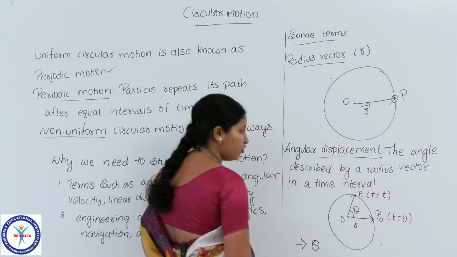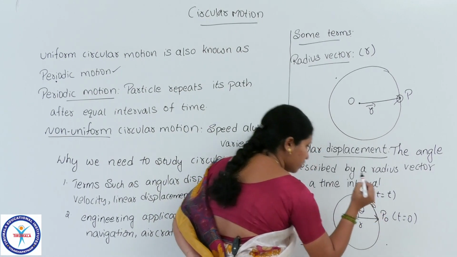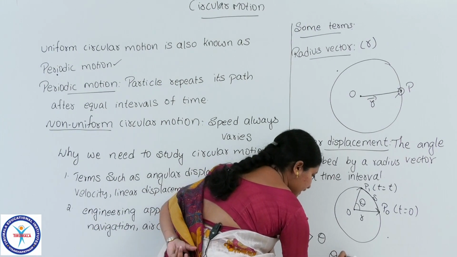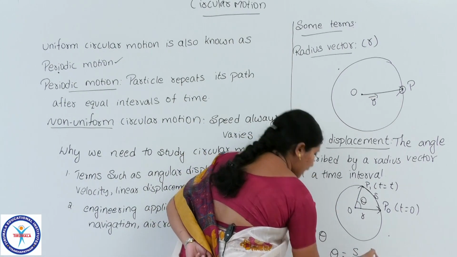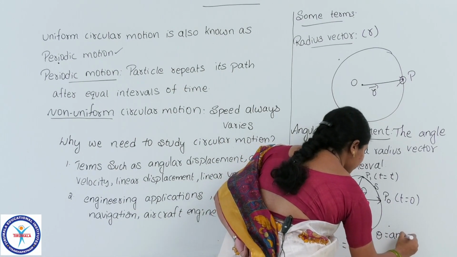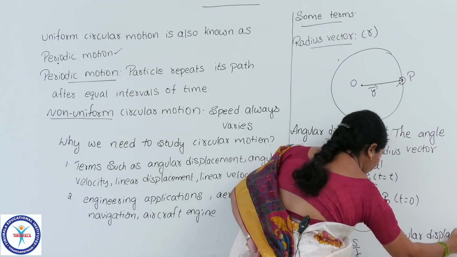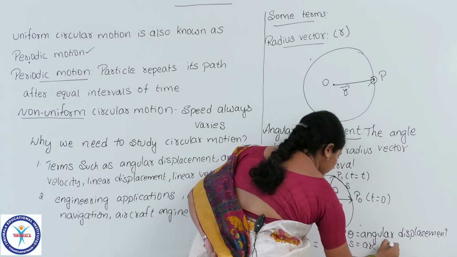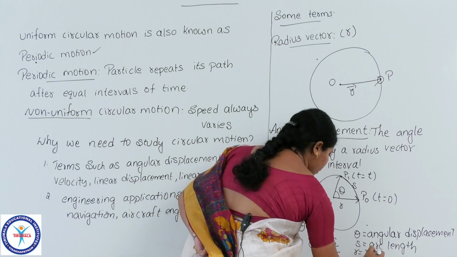From the figure, if we observe, this is the length of the arc, which is denoted by S. So from the figure we can write theta is equal to S by R, where theta is the angular displacement, S is the arc length, and R is the radius vector.